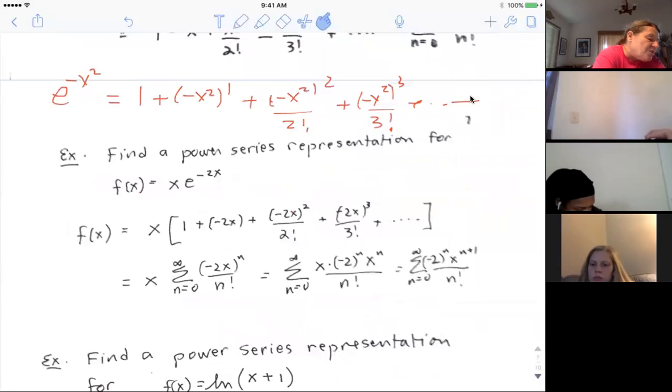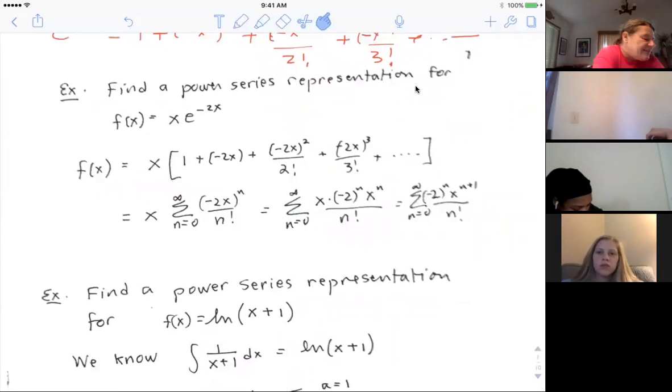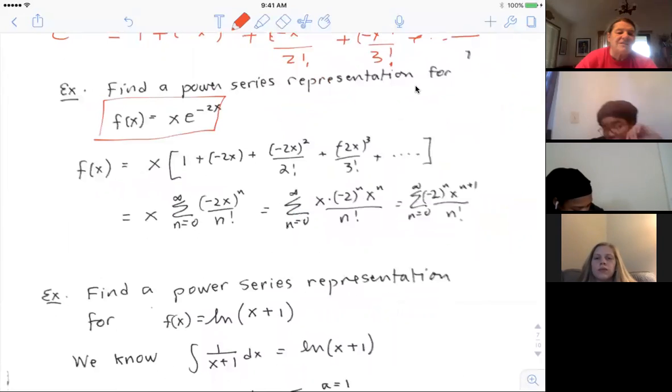Now, let's look at another one that's even better. Something else you can do. If I said, I want a series representation of x e to the minus x. Then what I'm going to do is take the e to the x series, and everywhere, just like I did a minute ago, put that in.